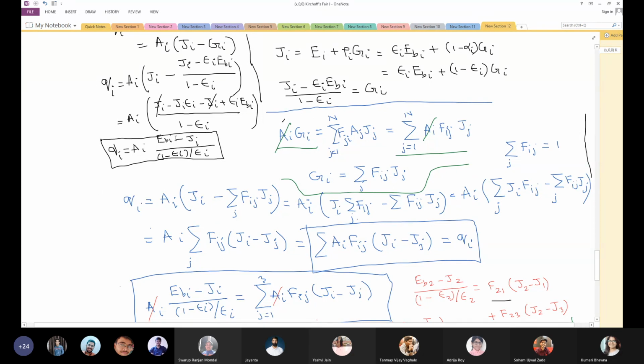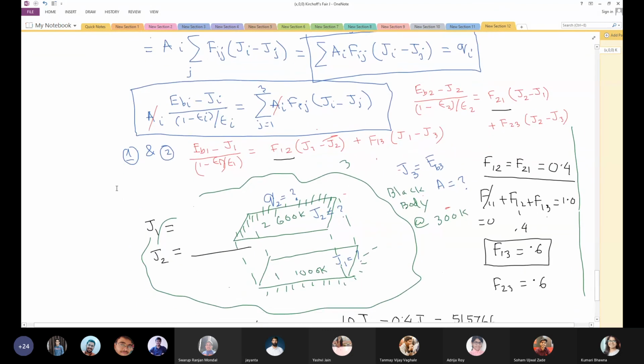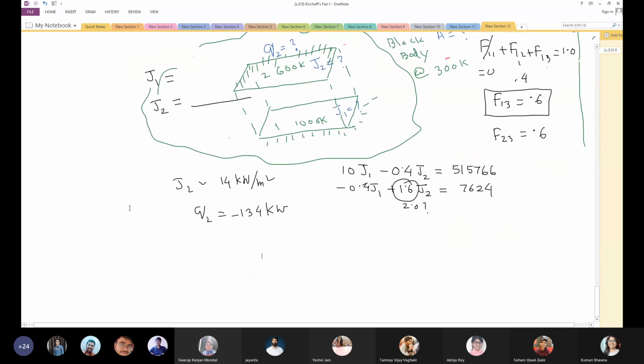EB1, J is 14 kilowatt. EB2 equals 7.349 kilowatt per meter square.